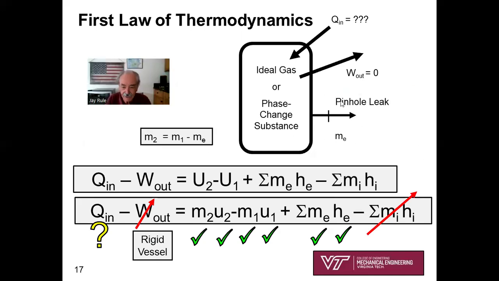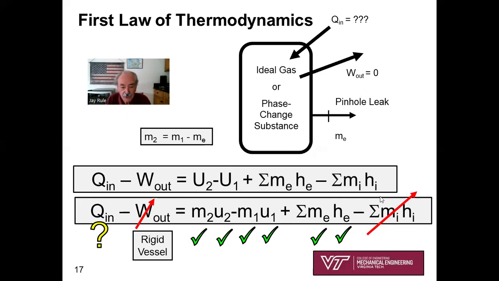This tank draining process, the tank's got a pinhole leak in it. Let's see. First law, Q, either it might be given, or who knows what it might be, or you might have to calculate it. It's a rigid vessel, so we'd strike out the work-out term. Same familiar approach for internal energy change of the open system, capital U2 minus capital U1.